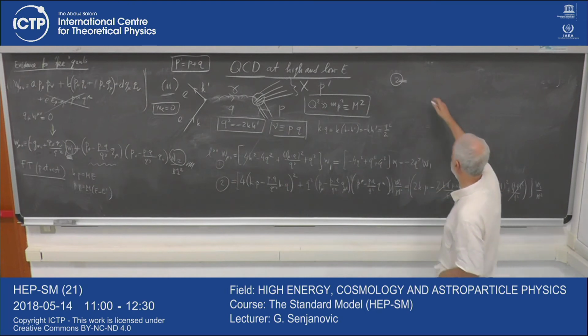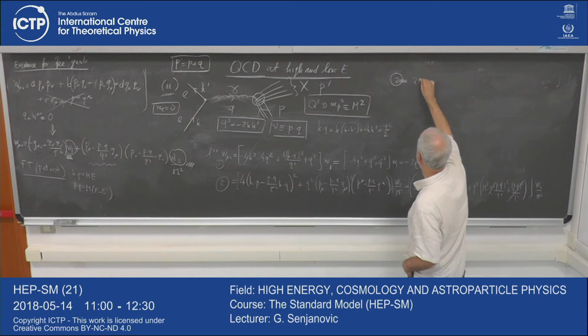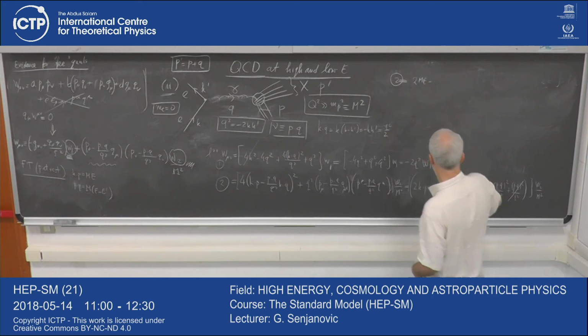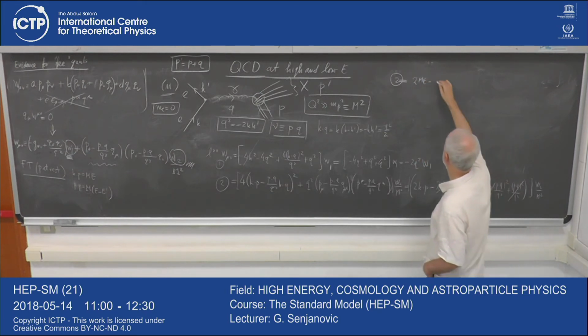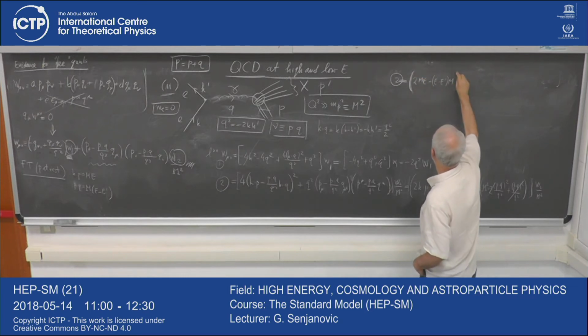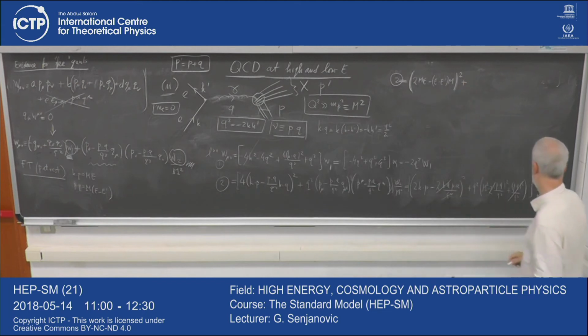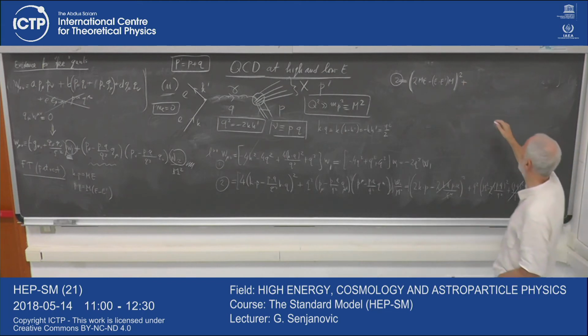So look, this piece, number 2, what I get here, the first piece is 2ME minus P times Q is minus E prime M, squared, plus Q square M square.